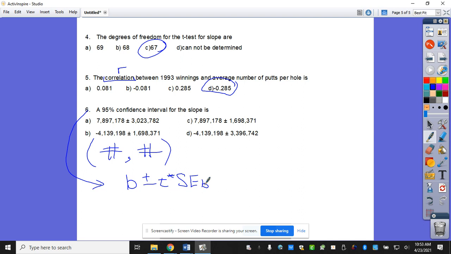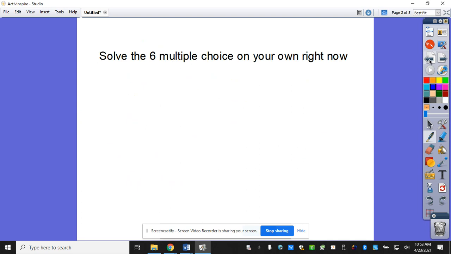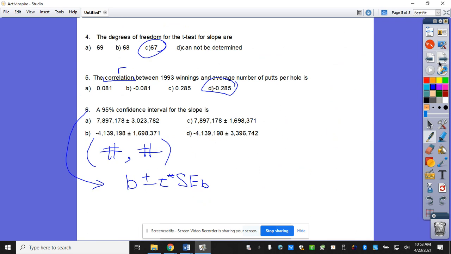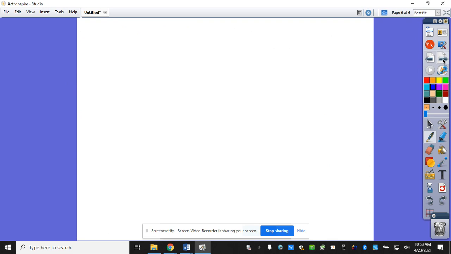So my b is my slope, which we said was the negative 4 million number. Well, that should eliminate answers for you right there, so it's not these. We've just got to figure out the bottom part.